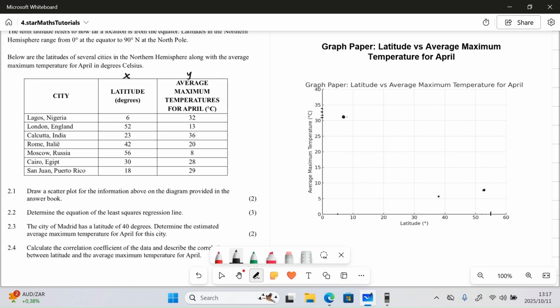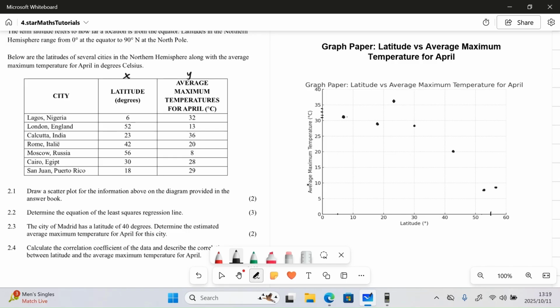Somewhere there. Then 23, 25, 23 with 36. 36 is above, so that is 4 marks. You can just write 4 marks.